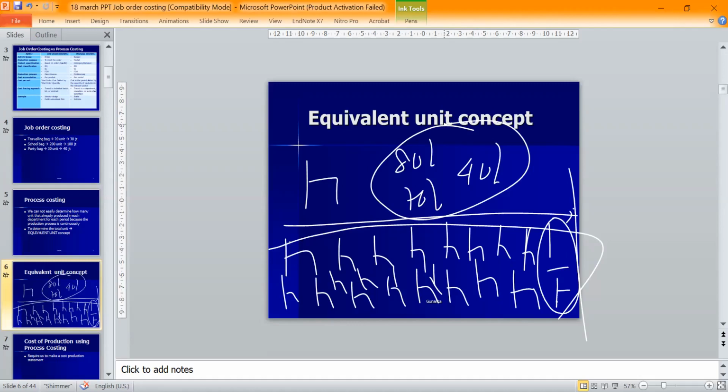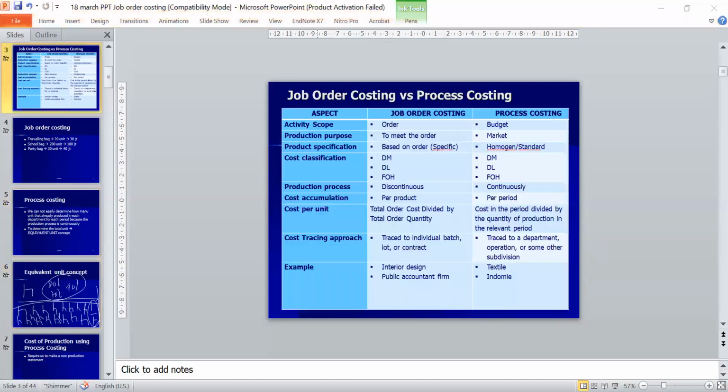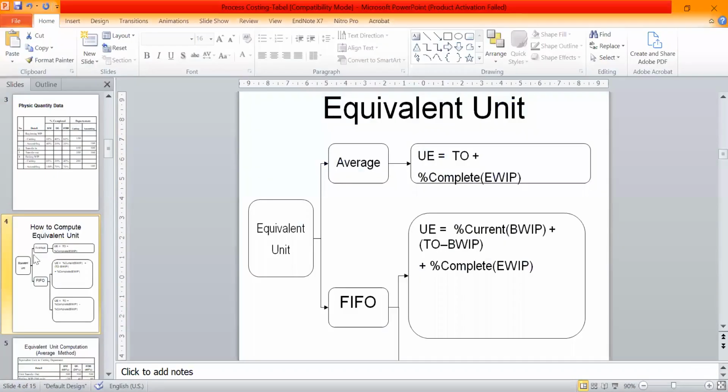And don't worry, to compute the equivalent unit we have the exact formula. We can compute the equivalent unit easily by using the information of the data. So that is the concept of the equivalent unit in the process costing. So I will go back in here and show you the formula for how to compute the equivalent unit.